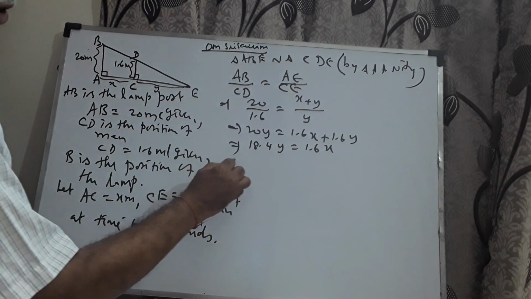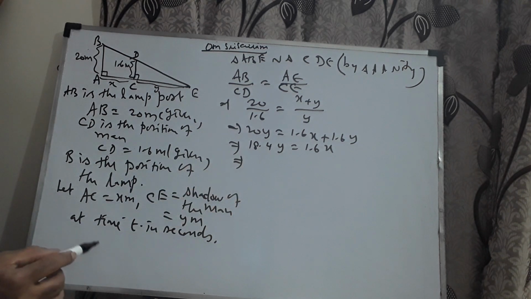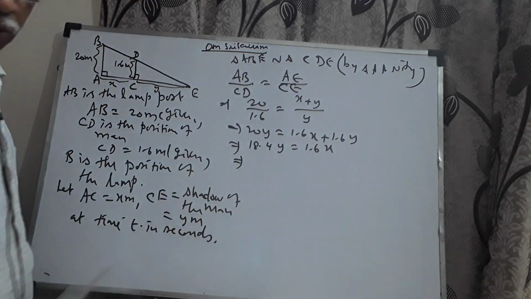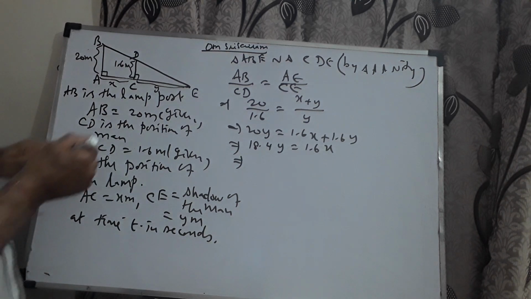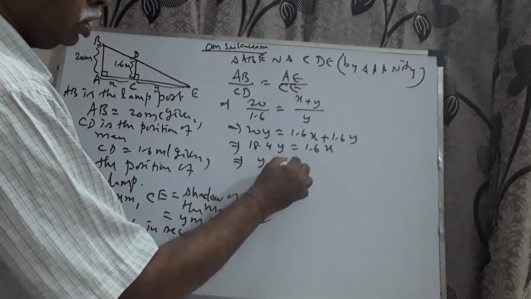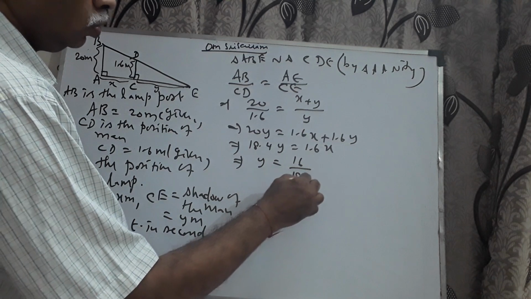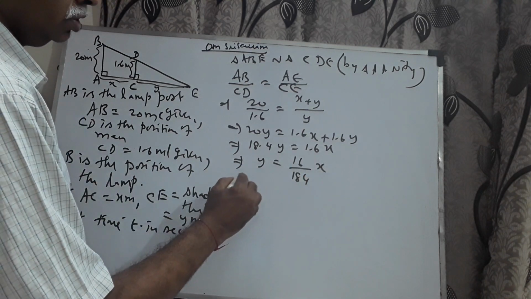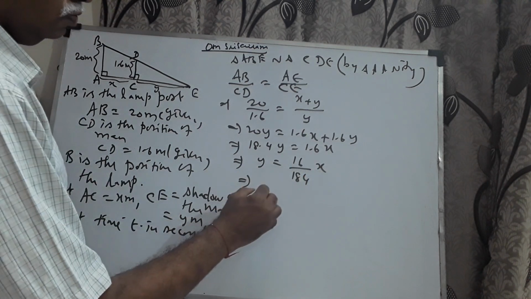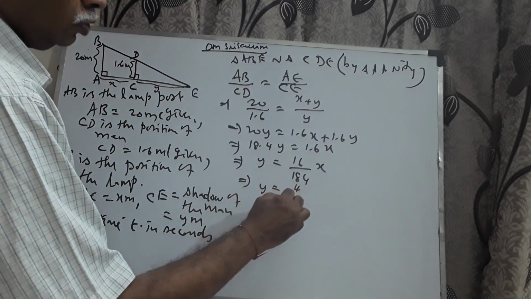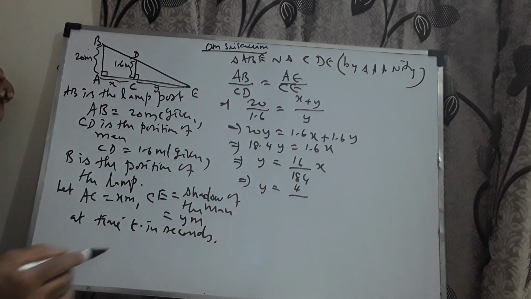Am I right? Actually, what am I supposed to find out? I am supposed to find dy by dt when dx by dt is given to you. Now, y is equal to 16 by 184 x, which implies y is equal to 4 by 46 x, dividing by 4.